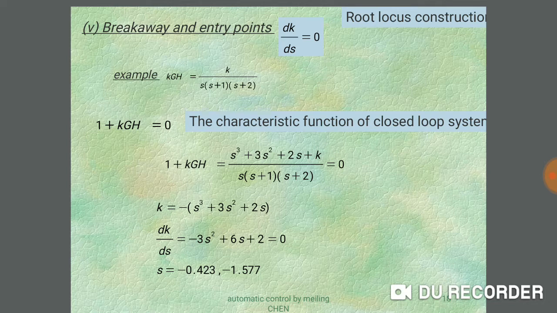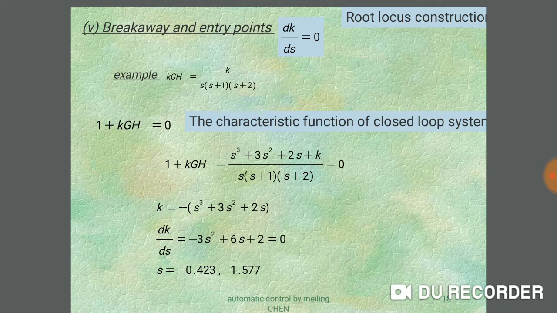As we know, we have to take the characteristic equation for that: 1 plus k G(s)H(s) equals 0. Then we solve this equation for k. After solving, I got k equal to minus bracket s cubed plus 3s squared plus 2s. Then take the first derivative of it: minus 3s squared plus 6s plus 2 equals 0.